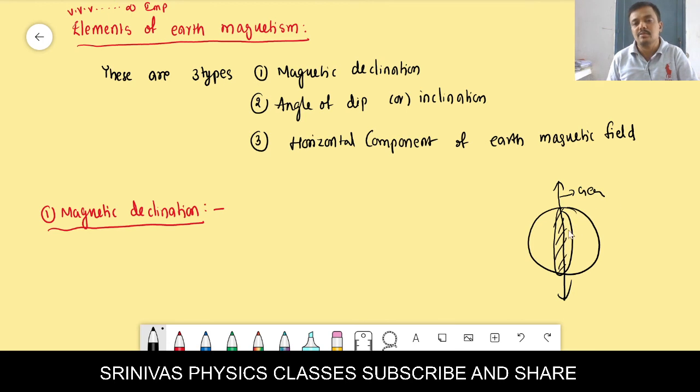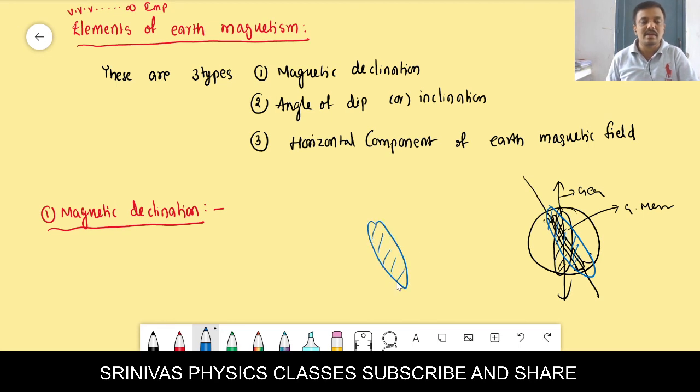This plane is said to be the geographical meridian. Now, for example, if you suspend the earth magnet, then it will show like this. Then this is said to be the magnetic axis, and if you cut along the magnetic axis, you will get some plane. That plane is the magnetic meridian. There is some angle between the magnetic meridian and geographical meridian, right?